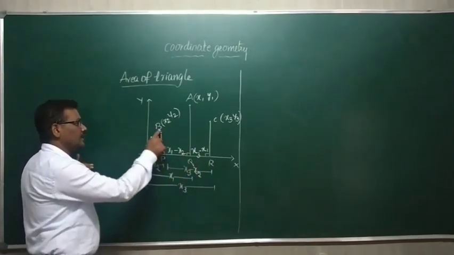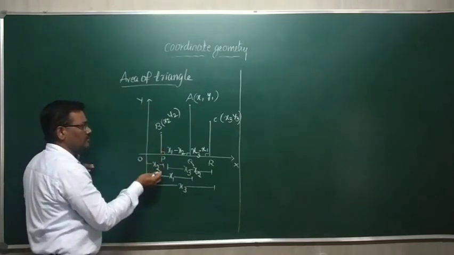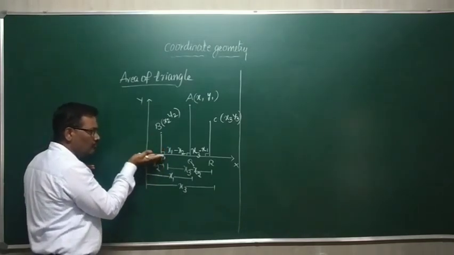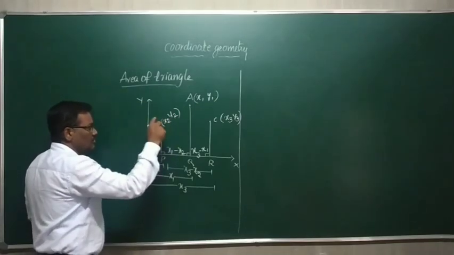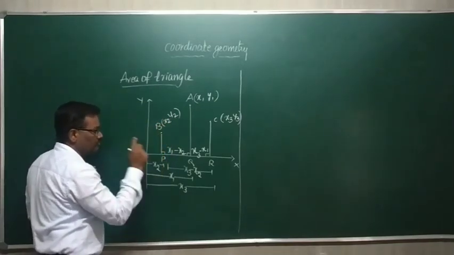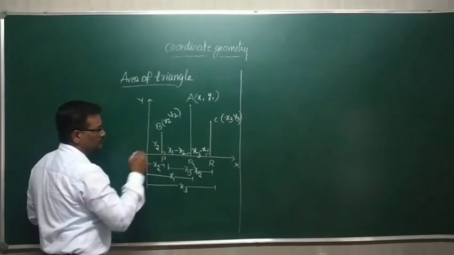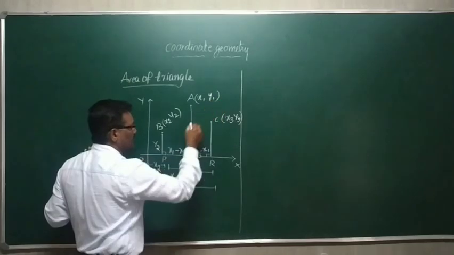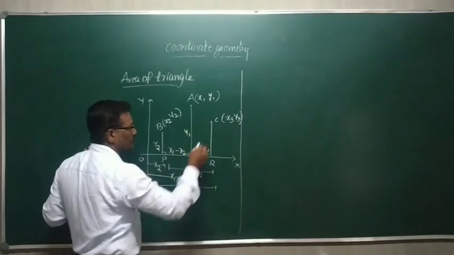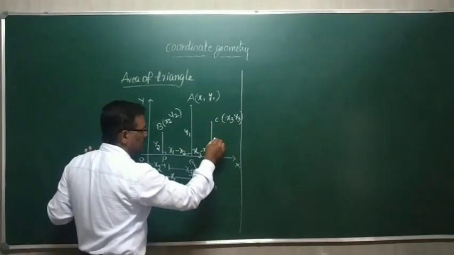And for locating P, how many units we move from x-axis towards y, that is y2. y2 is the length of BP. AQ, its length is y1. CR, its length is y3.